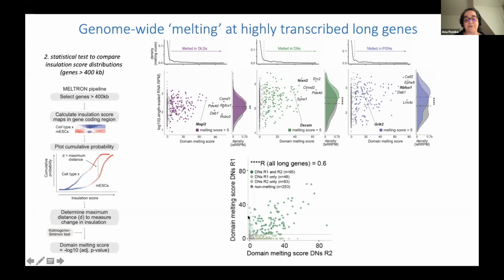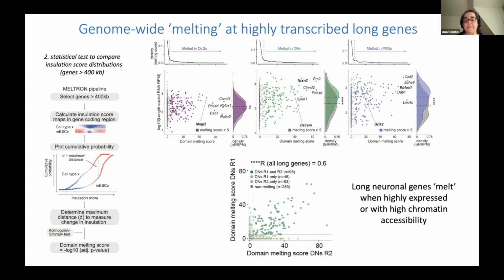Nevertheless, there are genes that we find melting only in one of the animals, and this could also be interesting in the context of understanding individual mechanisms of gene regulation and how many of these diseases actually have different penetrance in different individuals that carry the disease.